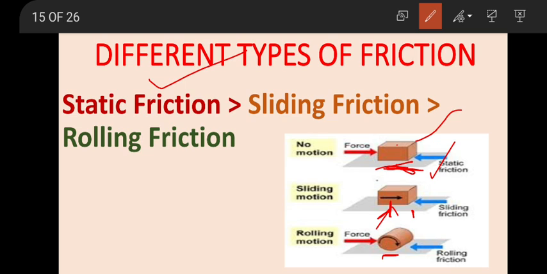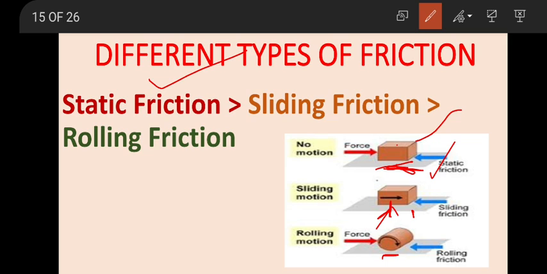Of course, you all will say it is easy to pull the bag with wheels, because wheels reduce the friction, because the contact between the surface of that bag and the ground is reduced. So naturally the frictional force existing between the two surfaces will be reduced. So it becomes easy for us to pull the bag with a lesser amount of force.